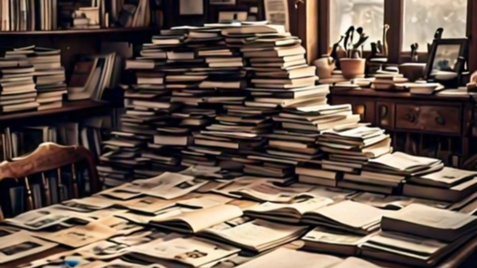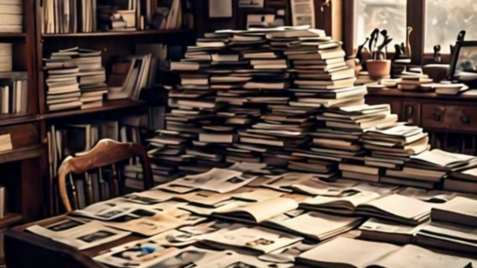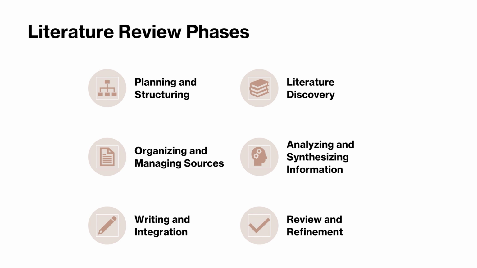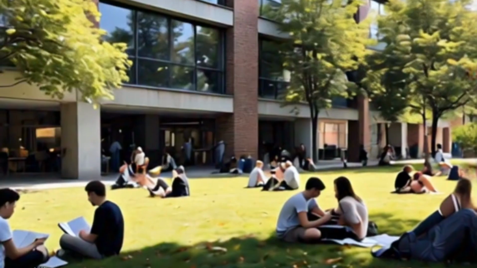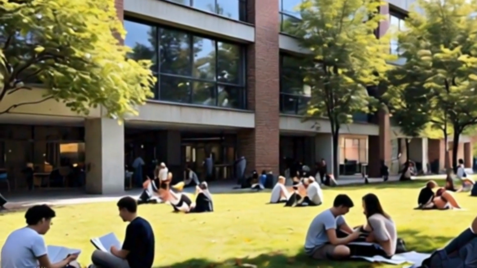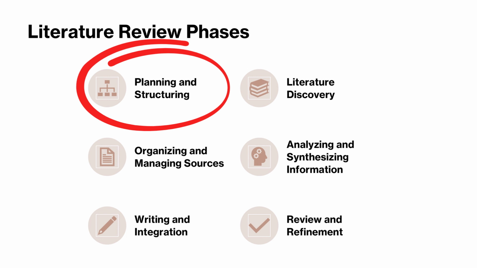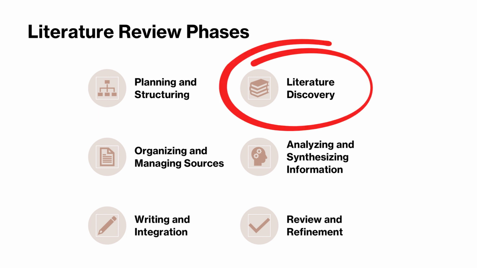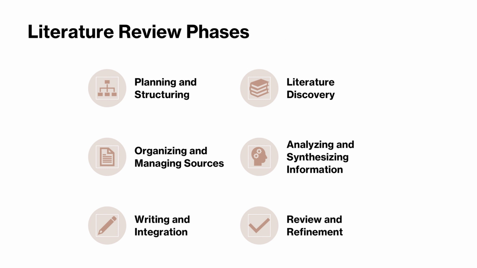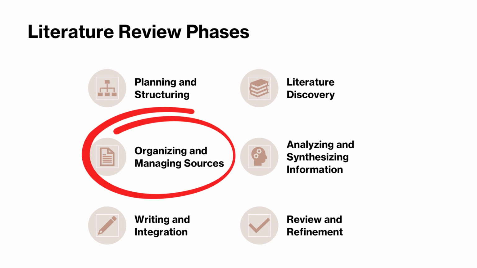A literature review might seem like a daunting task, but breaking it down into 6 manageable phases makes it much easier to tackle. Each phase is a critical step in building a comprehensive and insightful review of your field of study. 1. Planning and structuring. This is where you map out your approach and set the foundation. 2. Literature discovery. Next, you dive into finding the sources that will shape your understanding. 3.